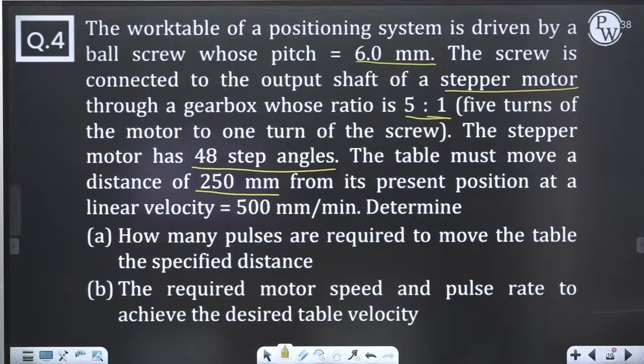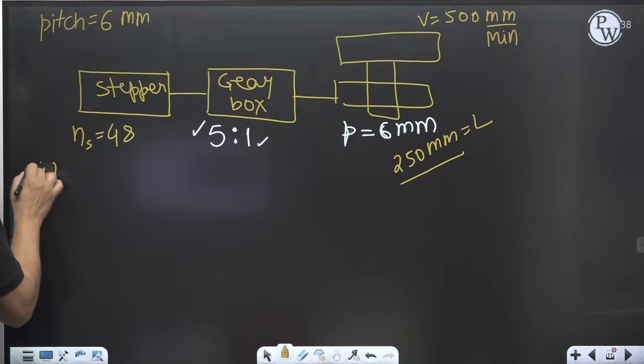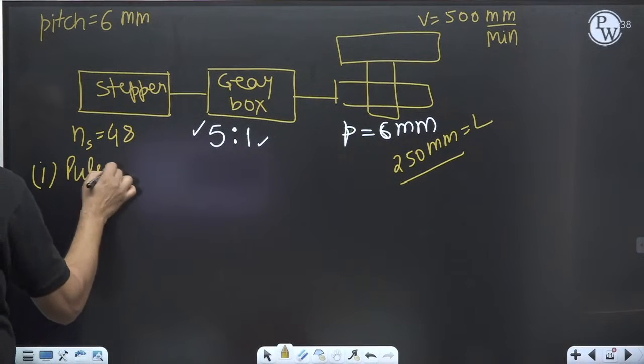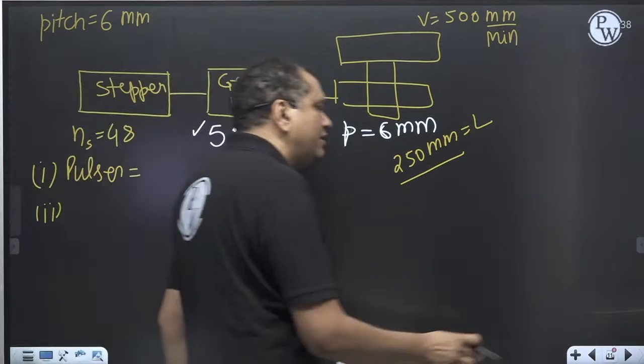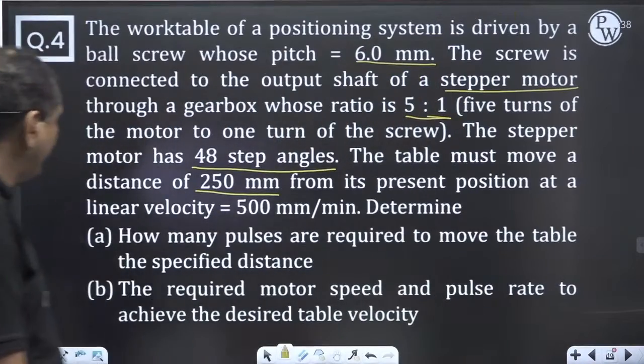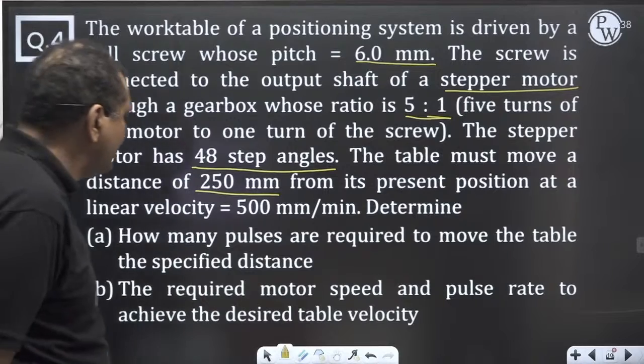Determine how many pulses are required to move the table to the specified distance. First is the total number of pulses required. And number 2, the required motor speed and pulse rate to achieve the desired table velocity.